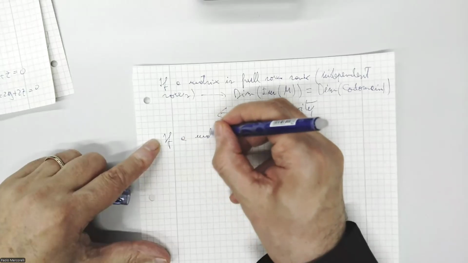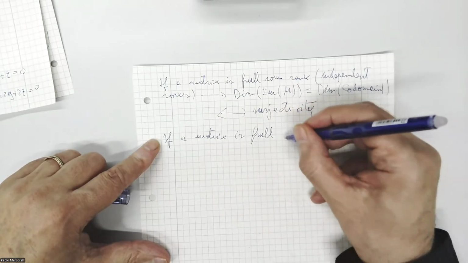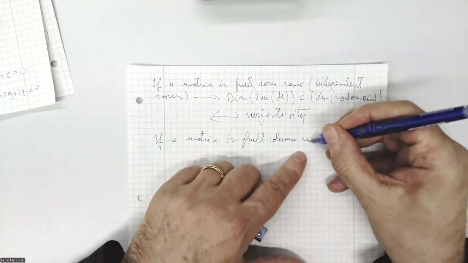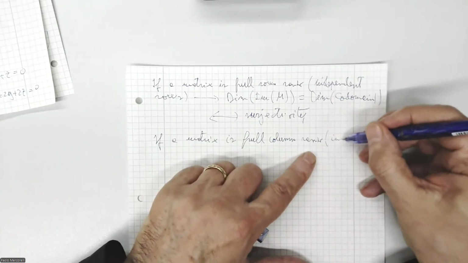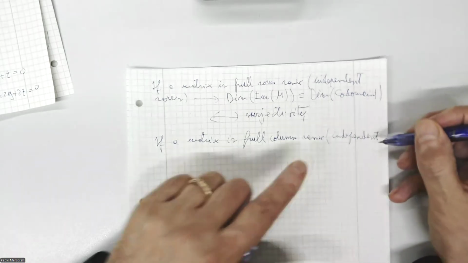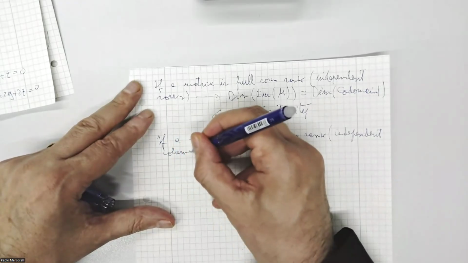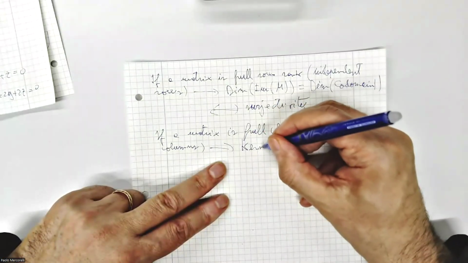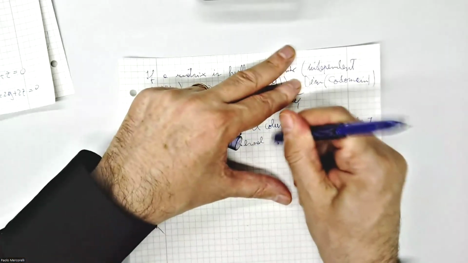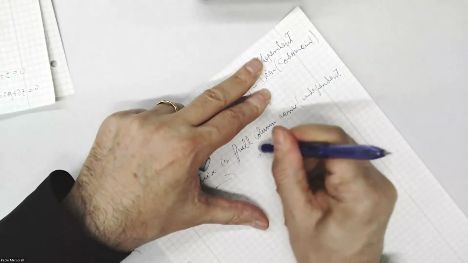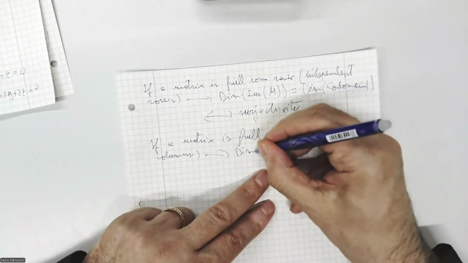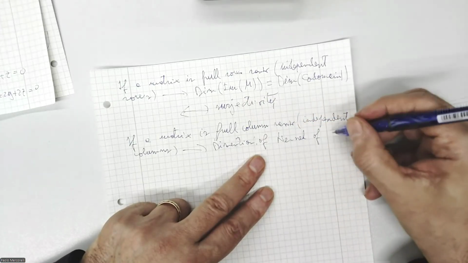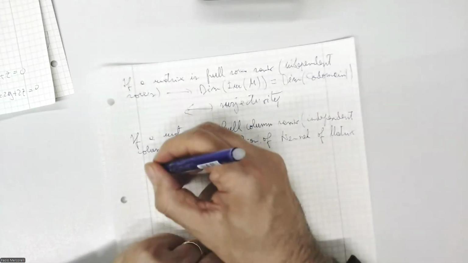If a matrix is full column rank, independent columns, this implies the kernel of the matrix, or better to say the dimension of the kernel of the matrix, equals zero.